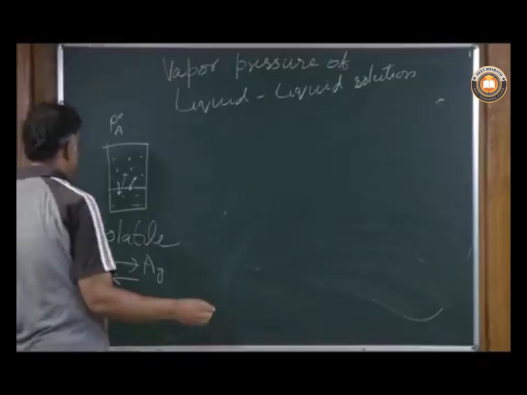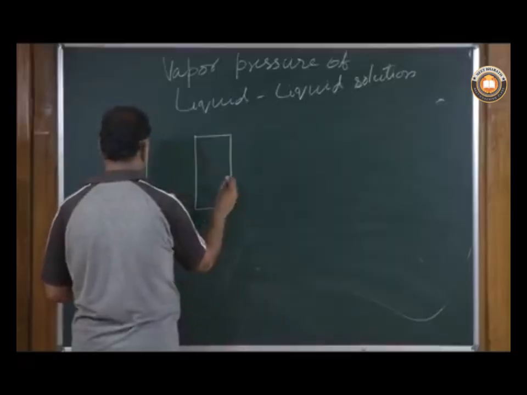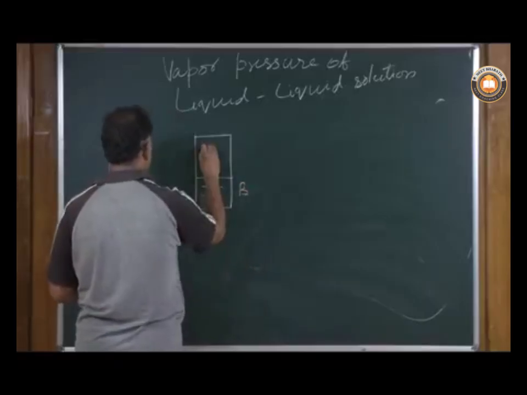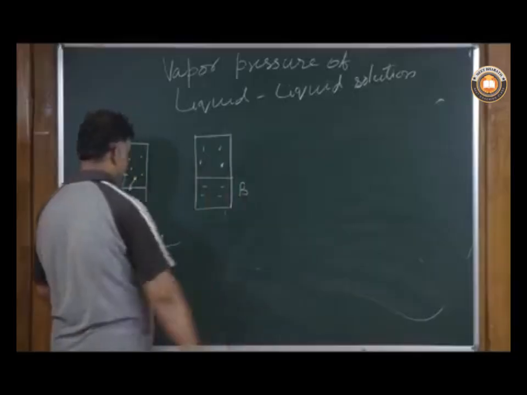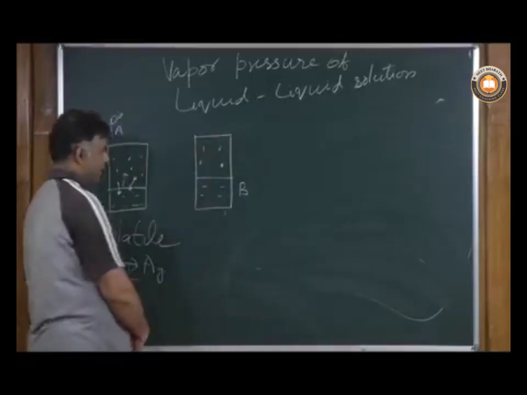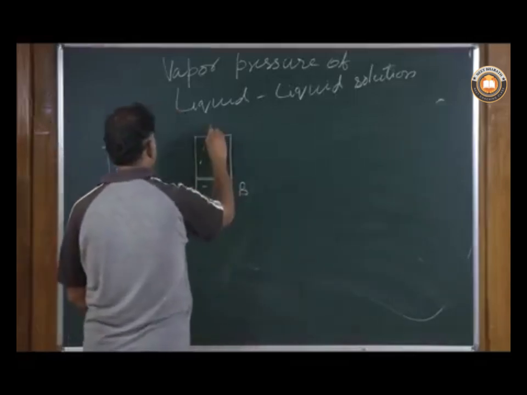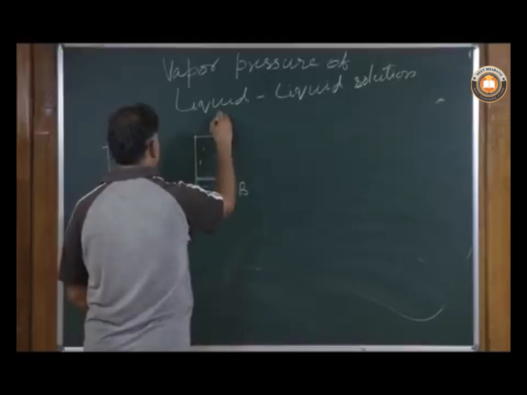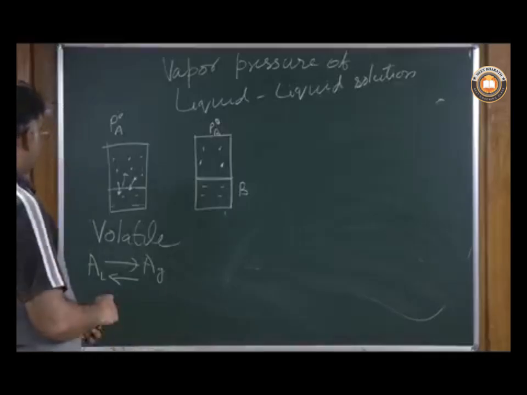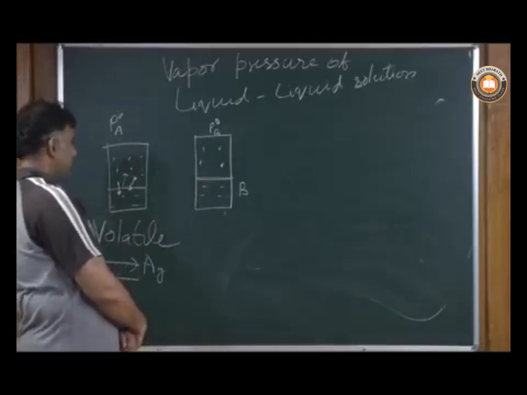And same thing is going to happen if we have another evacuated flask and there we put this liquid B. It is going to fill up this empty space, and then again we are going to have a dynamic equilibrium, and these gaseous molecules are going to exert pressure on the surface, and this is going to be called P B 0, the vapor pressure of pure liquid B. Of course, in this I have considered an evacuated flask.